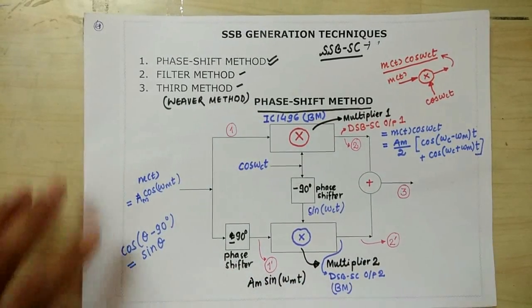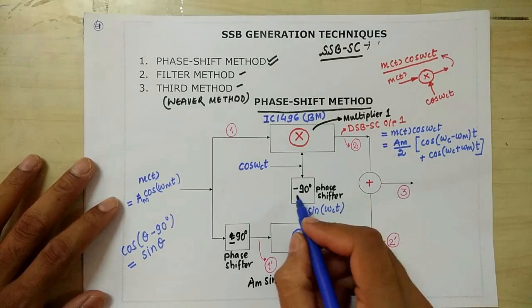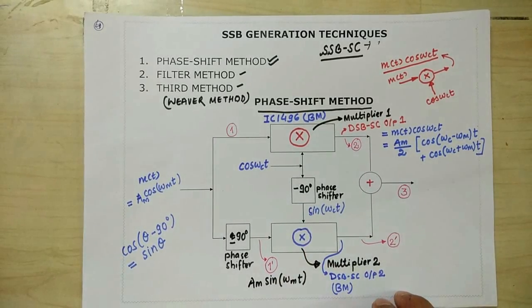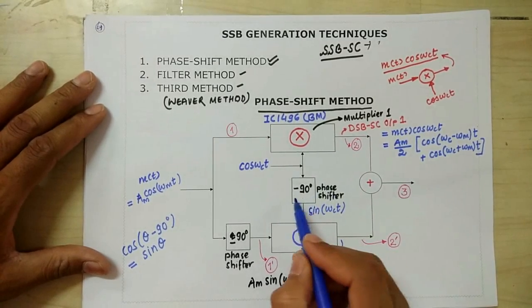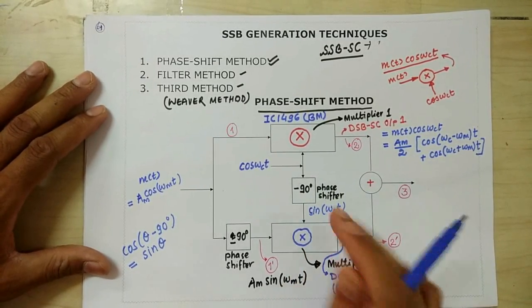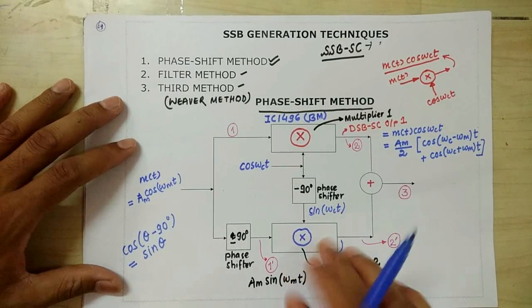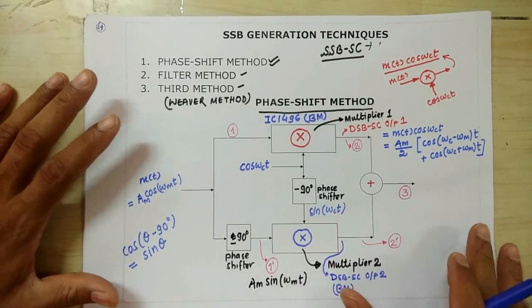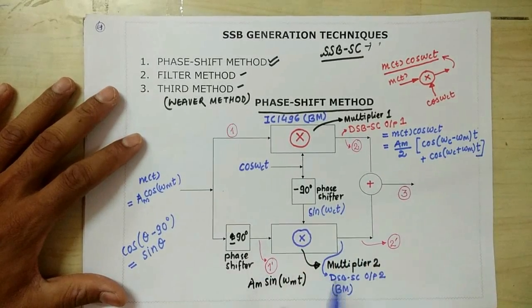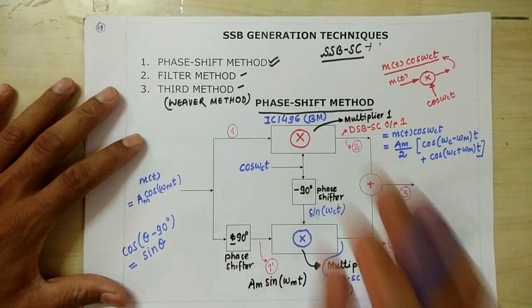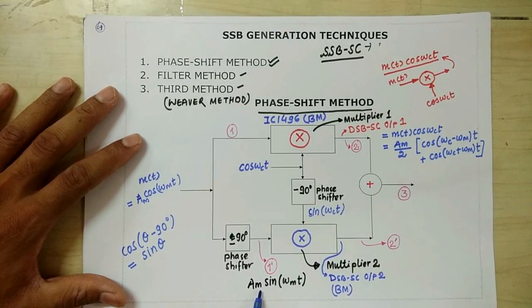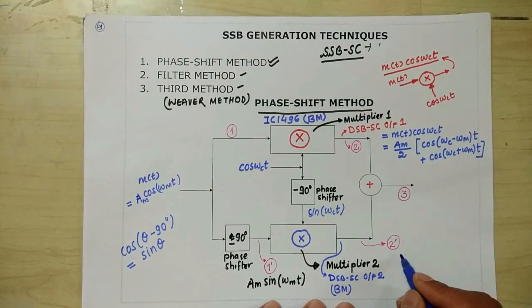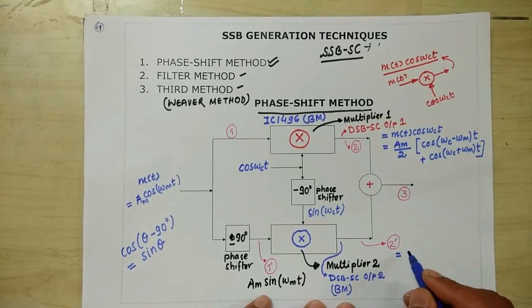Please note, on the kit it is written plus 90 degree phase shifter, but this is basically a minus 90 degree phase shifter. I will tell you what this minus 90 degree phase shifter is after a while, but let us suppose this is a minus 90 degree phase shifter. So this is sin omega ct, one input to this multiplier, and the second input is Am sin omega mt. So the DSB-SC output is going to be a shifted version of m of t.